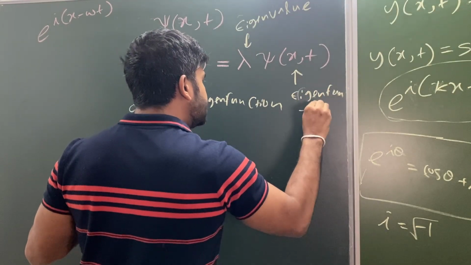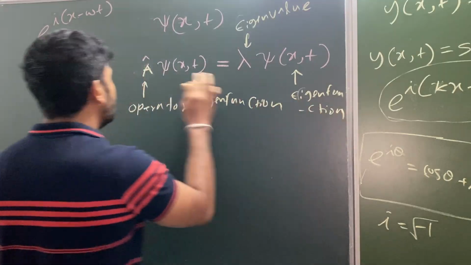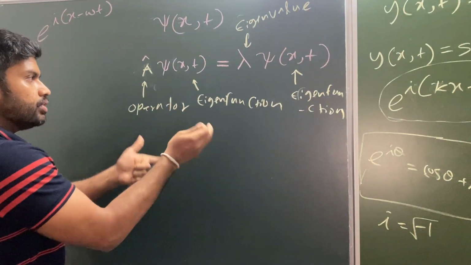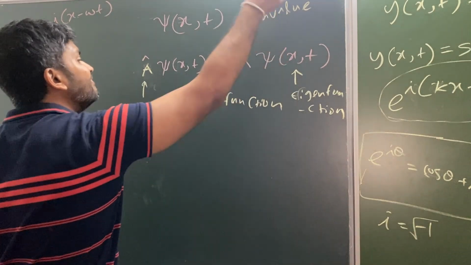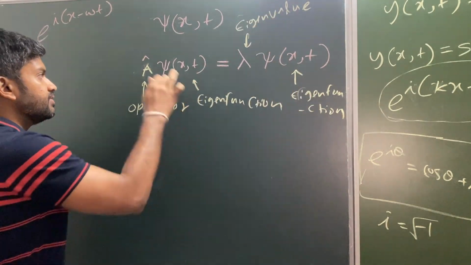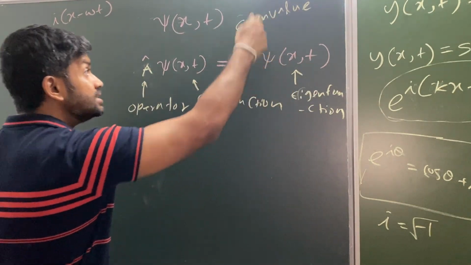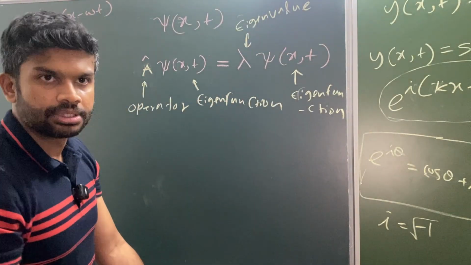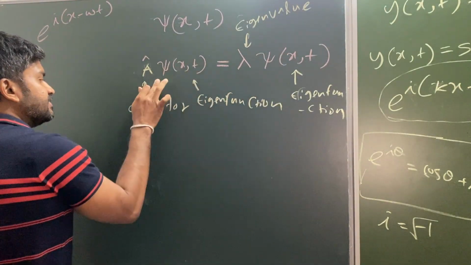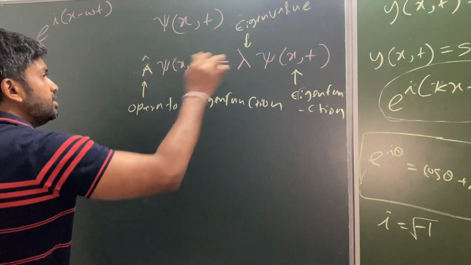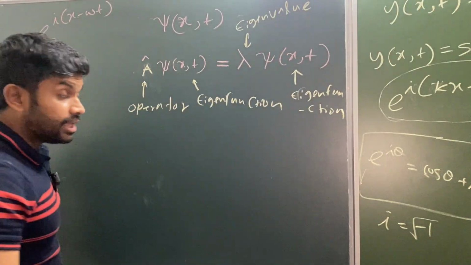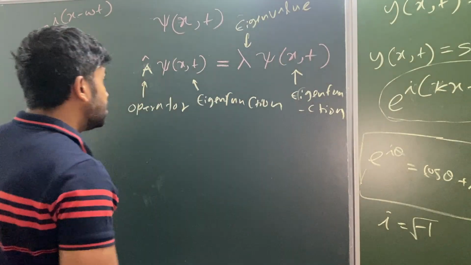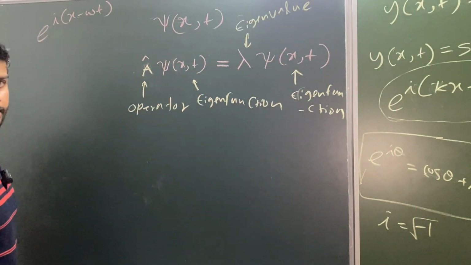Now you can clearly see that if you put the operator in front of the function, if it is an eigenfunction, you will straight away get a value. For example, if this is the momentum operator, the lambda represents the momentum of this particle, right? If this is the Hamiltonian, this one represents the energy. It follows the relevant operator, right?